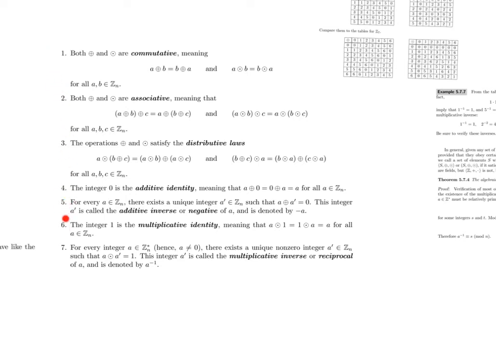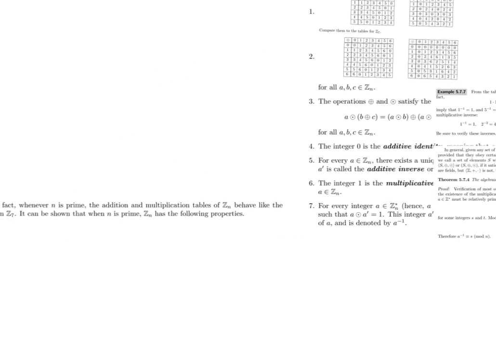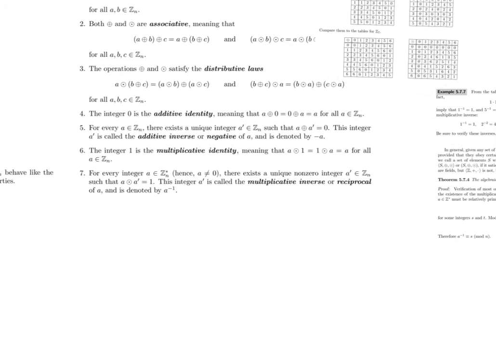Okay? So these first 6 properties are going to hold true for Z mod n for any n greater than or equal to 2. Now, the thing that made Z mod 7 special was this last one here, number 7. For every integer in Z mod n star, in other words, for every non-zero element of Z mod n, there's a unique non-zero integer a prime in Z mod n such that a times a prime is 1.